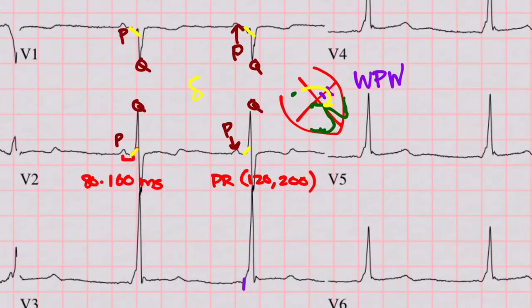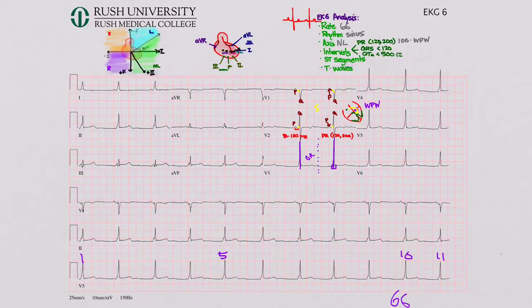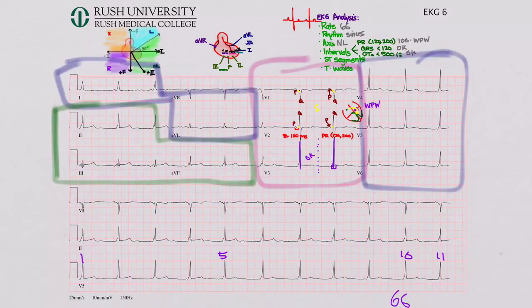The QRS, it's a little bit wide because of that delta wave. So if we were to take it all the way down, it probably would be okay, but looks about right. And then the QT, let's do that one real quick. A line here, a dotted line in the middle, and we're on the okay side. So our intervals look pretty good, except for that PR, which is short, and we know that that is because of WPW.